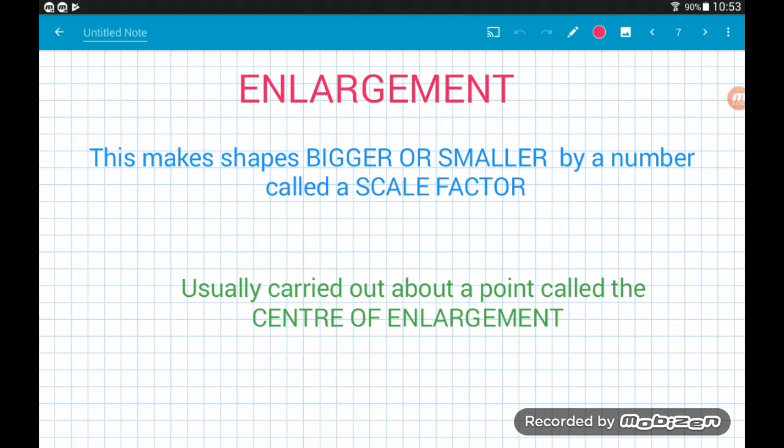So enlargements are usually carried out very similarly to rotations. They are usually carried out about a point called a centre of enlargement, but sometimes you are actually just asked to enlarge a shape by a scale factor with no centre. So we'll take a look at 2 examples with enlargement, and then we will look at many more examples in enlargement's own videos.